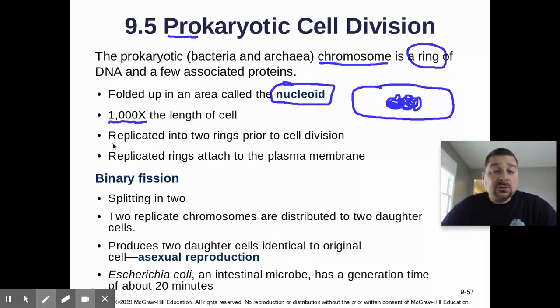Prior to cell division, it will replicate, this will split into two rings of DNA so that there's a copy of the chromosome for each of the daughter cells. And these rings will actually attach. One will attach to the opposite cell walls.